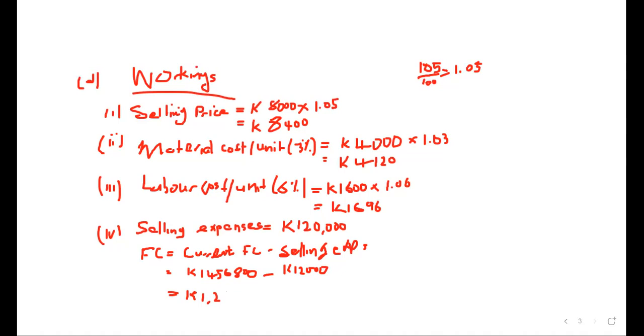Let's try to subtract this: 1,456,800 minus 120,000. Okay, so our new figure for the fixed costs is going to be 1,336,800.